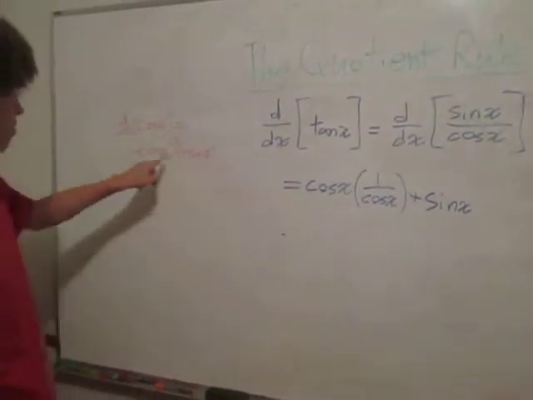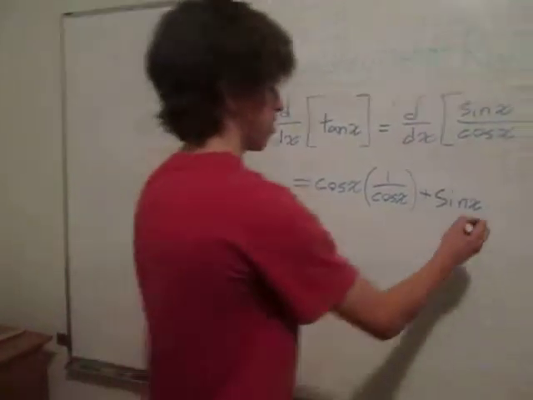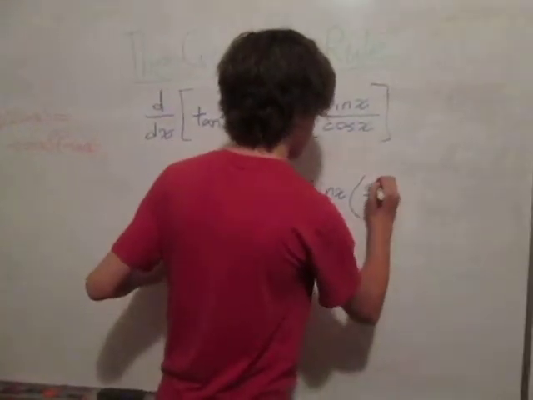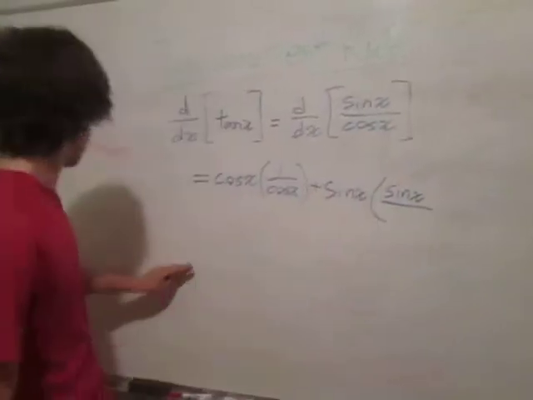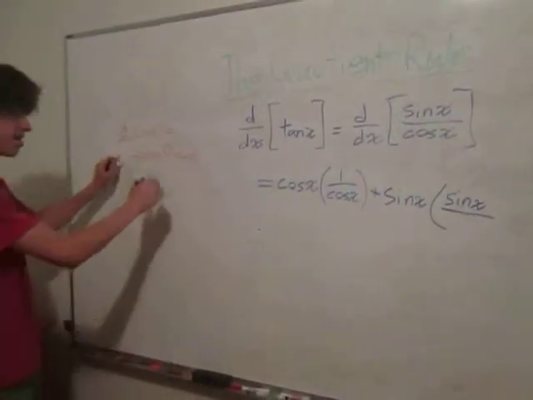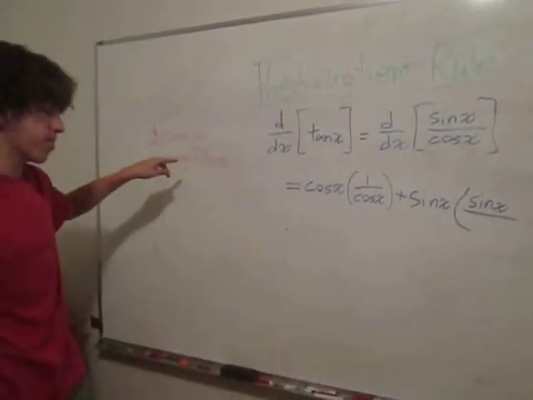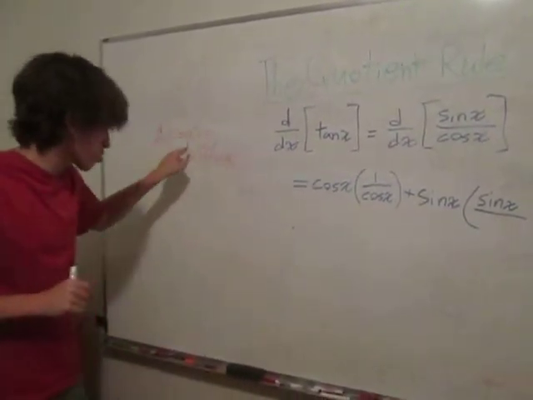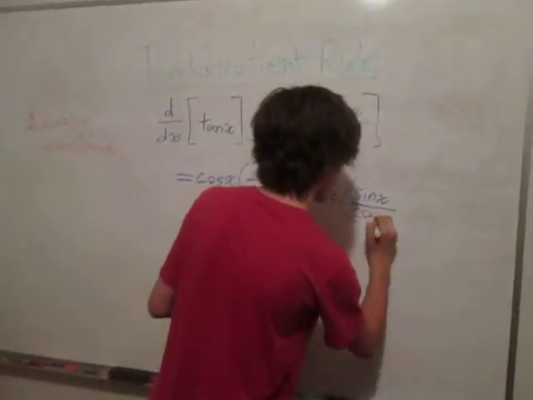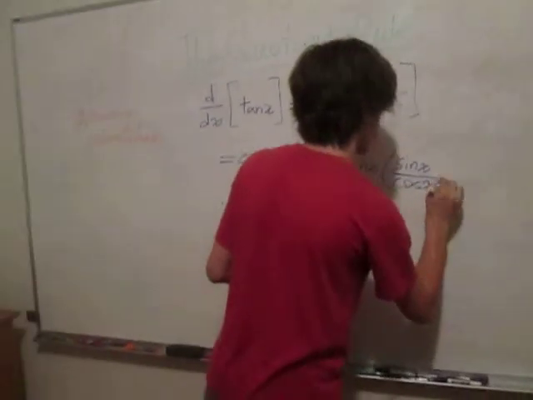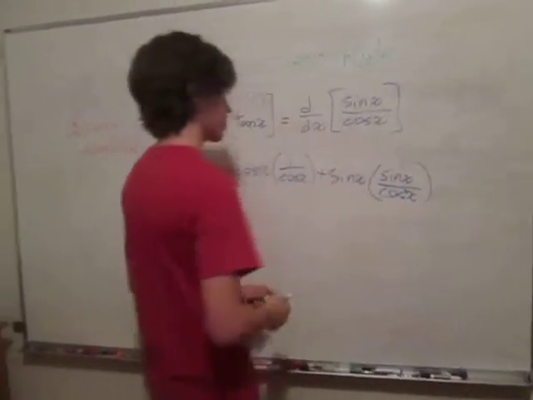Sine of x times the derivative of this, which is, alright, sine of x over cosine of x squared, because these two negatives cancel out, and this is to the negative second, which means 1 over that to the second, over cosine of x squared, or you could write cosine squared of x.